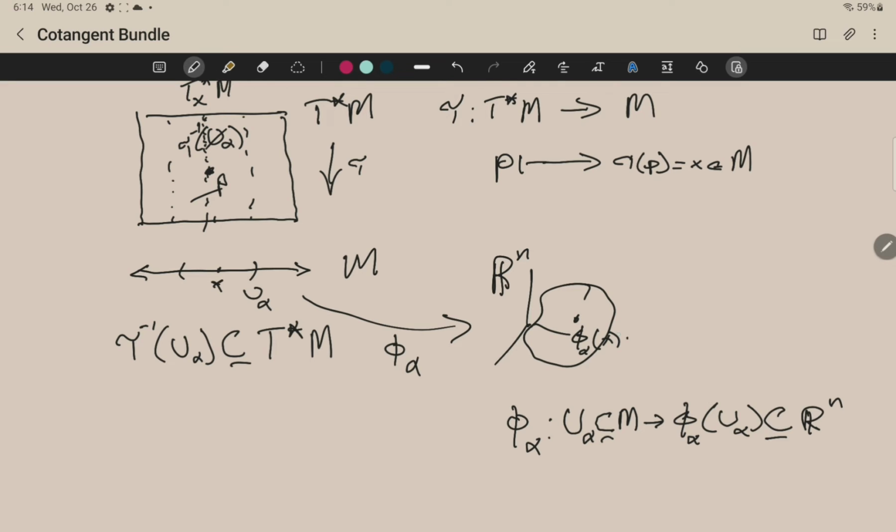And of course, phi of alpha of X by itself is an n-tuple, X1 all the way up to Xn.